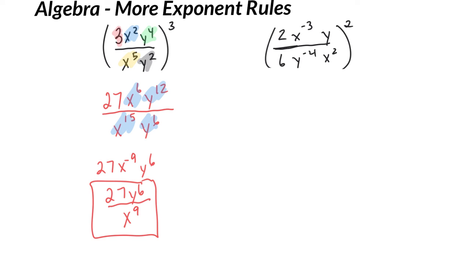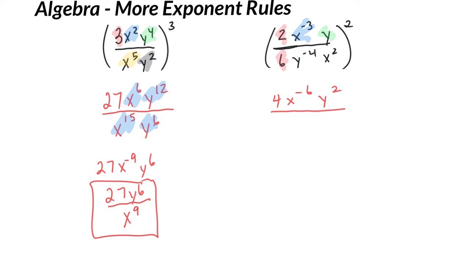I've got 2 squared, so 4. X to the -3rd squared. So again, you're just going to multiply. The rules don't change, so it's going to be x to the -6th. And then we've got y to the 1st squared, so y squared. Now, don't forget to do the stuff with the numbers, right?